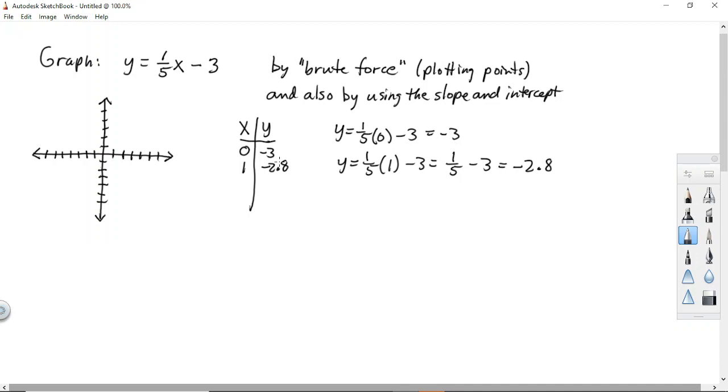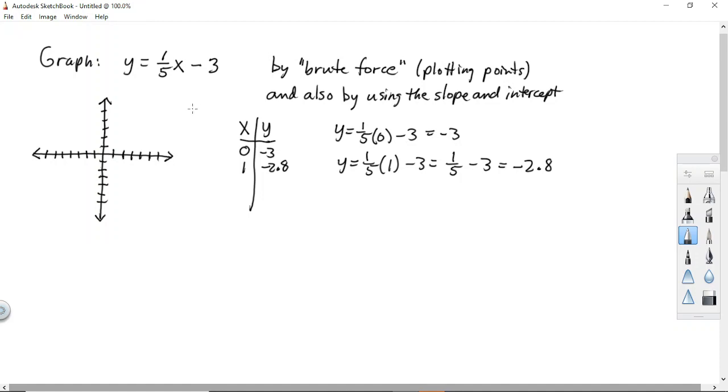We have 2 points, and I'm going to go ahead and do another one. You might think, well, we only need 2, and if you're thinking that, you're right. This is a line, so we only need two points. But I want to show you a consideration. When you're using this brute force method, it makes sense to try to get simple results that don't involve fractions. So what could we put in for x so we don't end up with a fraction at all?